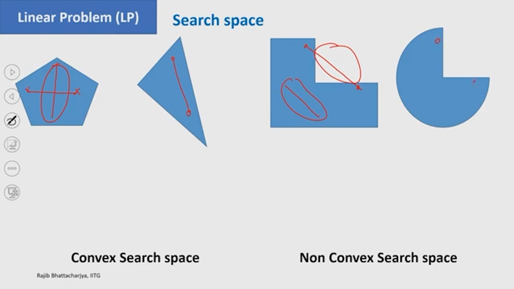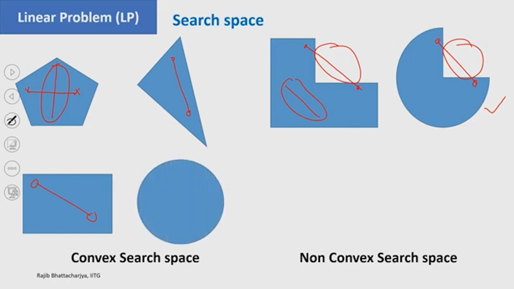Similarly, if I take these 2 points, this particular line is not within the search space and this search space is a non-convex search space. Okay. And anyway, this is a linear search space and this is also a convex search space, because I can take any 2 points and if I draw this particular line, it will be within that search space.